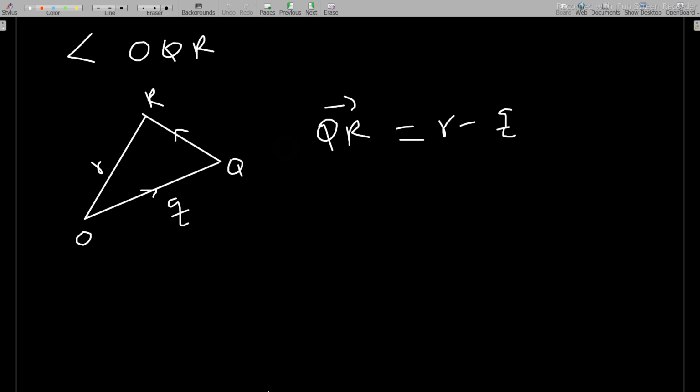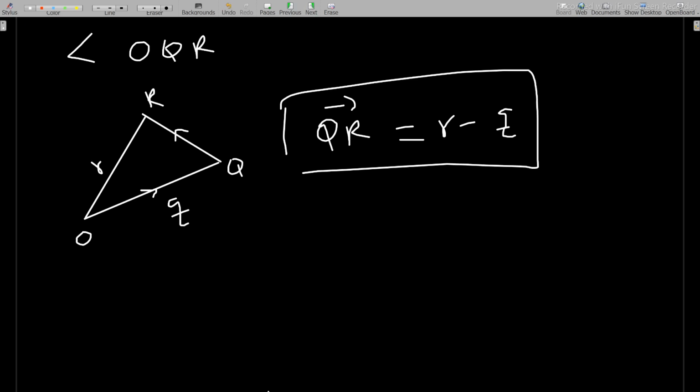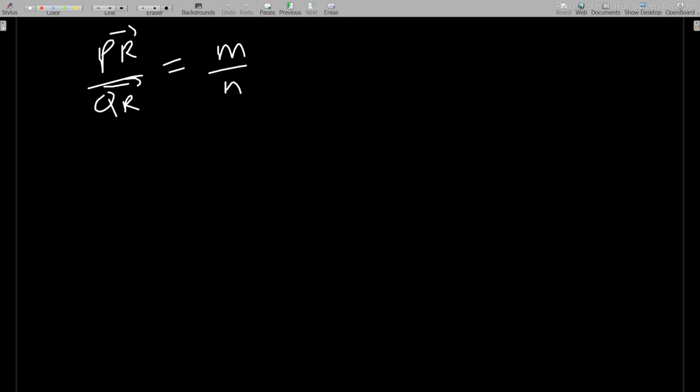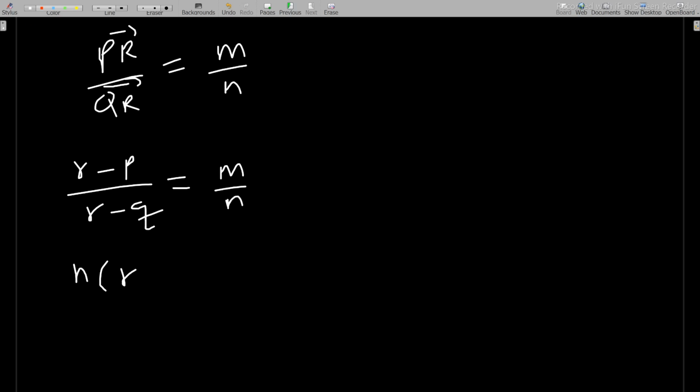So we go ahead and bring it inside our formula. So r minus p over r minus q, small q, should be M over N, okay? Now I have my N into r minus p is equal to M into r minus q.